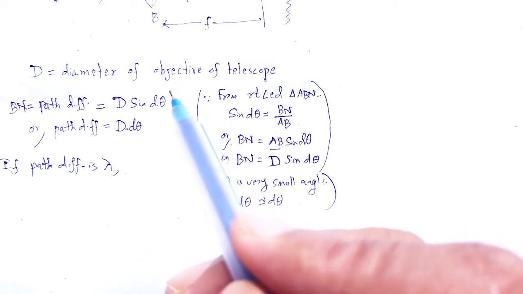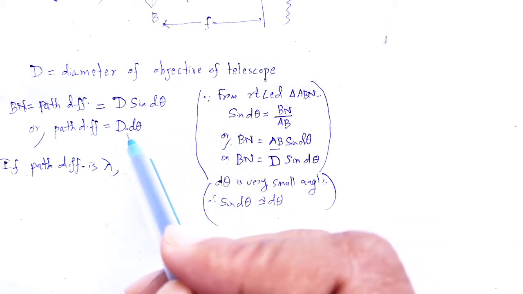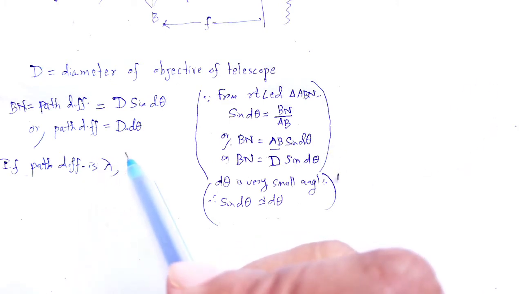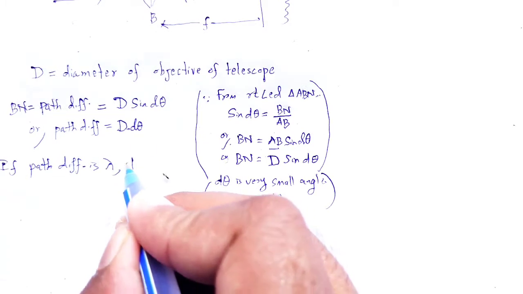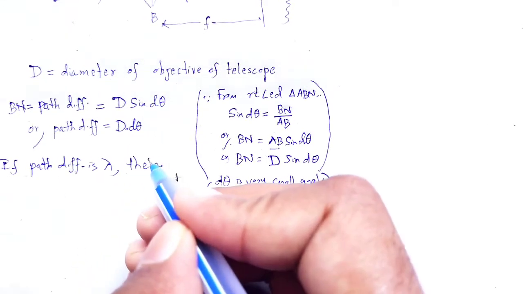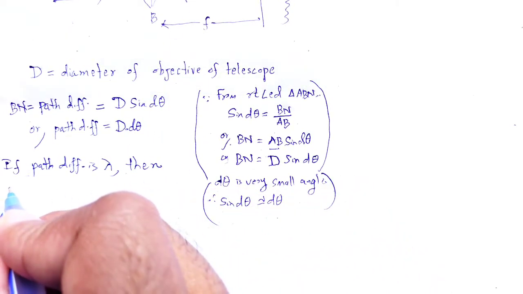For first minimum n is equal to 1, so the path difference is equal to lambda, and that will be the first minimum.